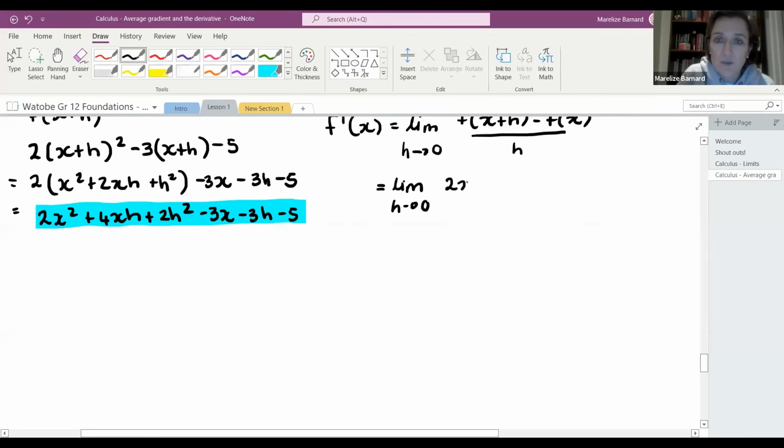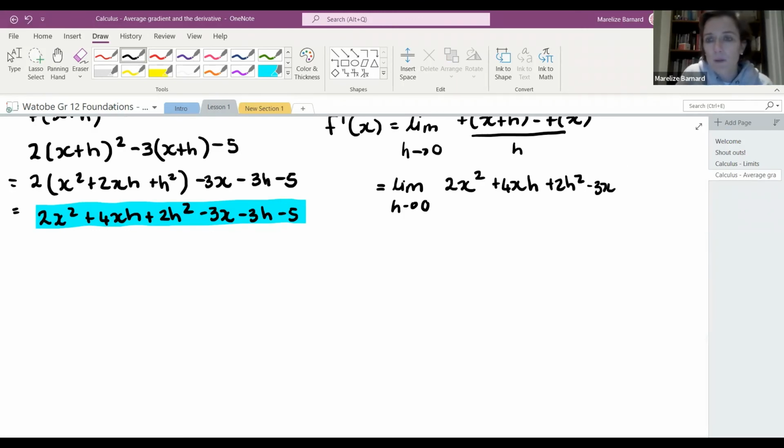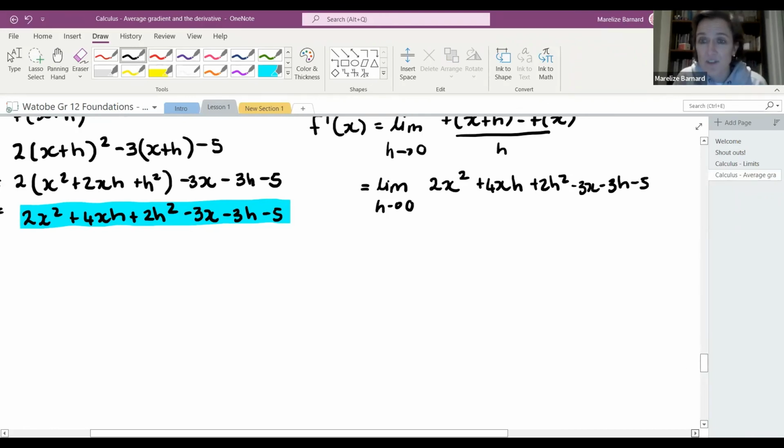So let's put into our f of x plus h this answer that we worked out here in blue. So that's 4xh plus 2h squared minus 3x minus 3h minus 5. Look, if you used first principles and you nailed it, then well done.